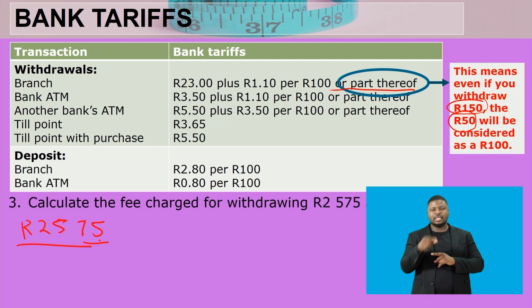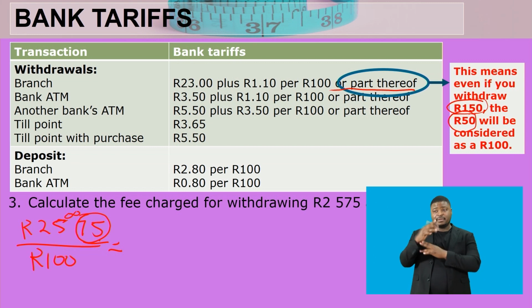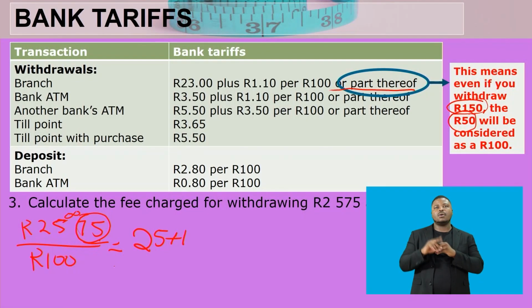If we divide it by 100, we get 25. We have this 75 Rand on the side. It doesn't get to 100, but it will still be considered as if it's 100 Rand. So you need to add that one. Therefore, in total, we will have 2,600 Rands in a 2,575.